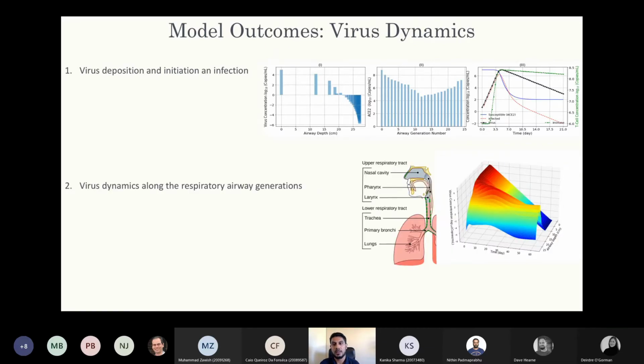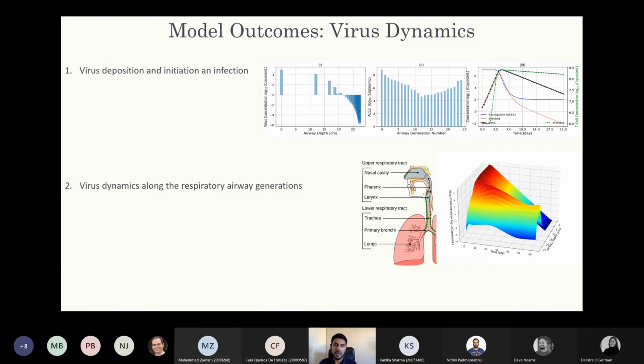Then we studied how the virus spreads along the airway tract. You can see in this first figure, initially the virus concentration is very high in the upper respiratory tract, and then it gradually spreads down the respiratory tract over time.